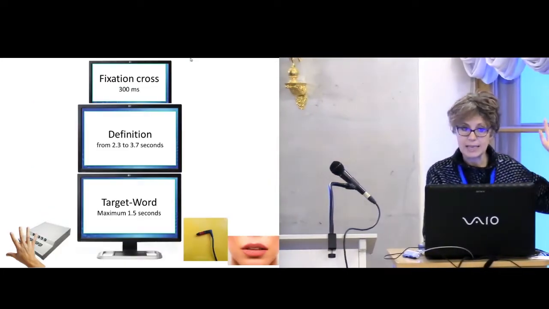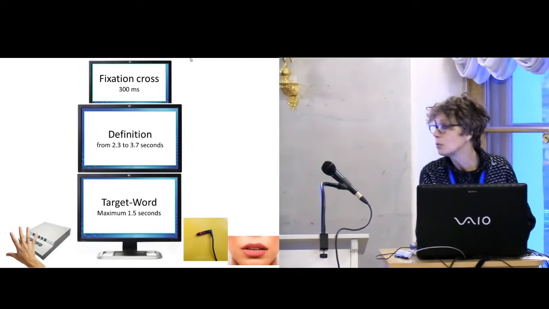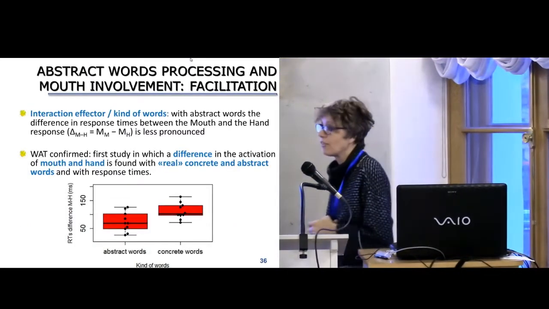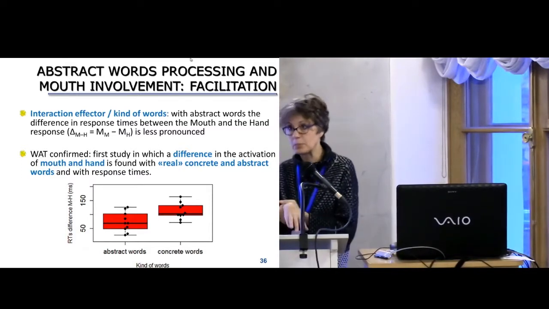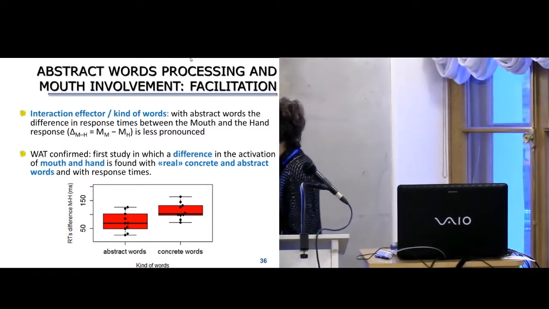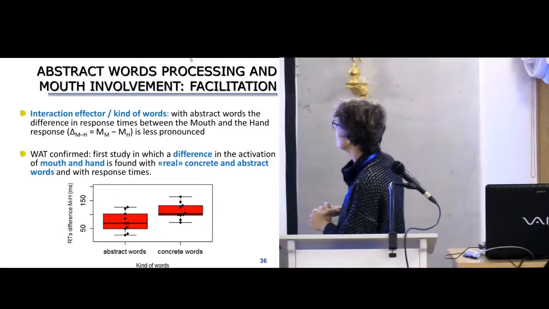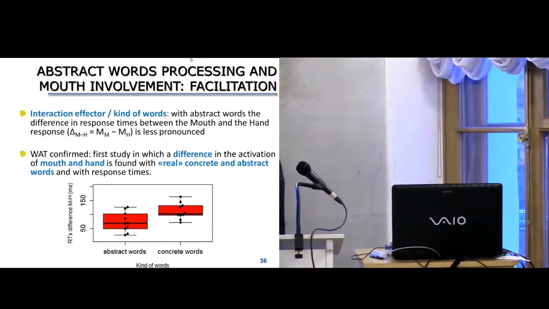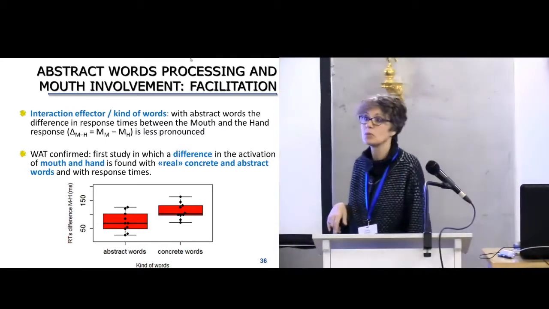So, very simple task: fixation cross, definition, target word, and response with the mouth or with the hand. In general, because of the device, hand responses were faster, but we found an interaction between the effector and the type of words. With abstract words, the difference in response times between the mouth and the hand responses was less pronounced.